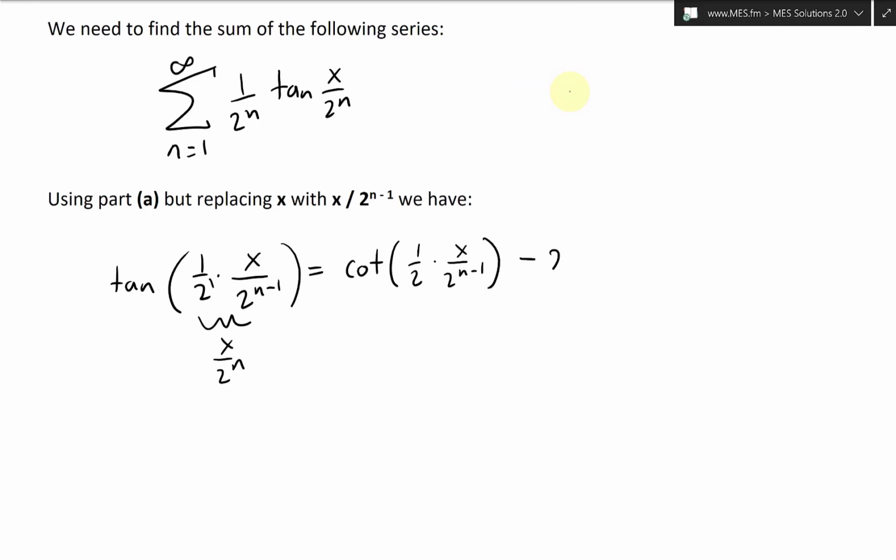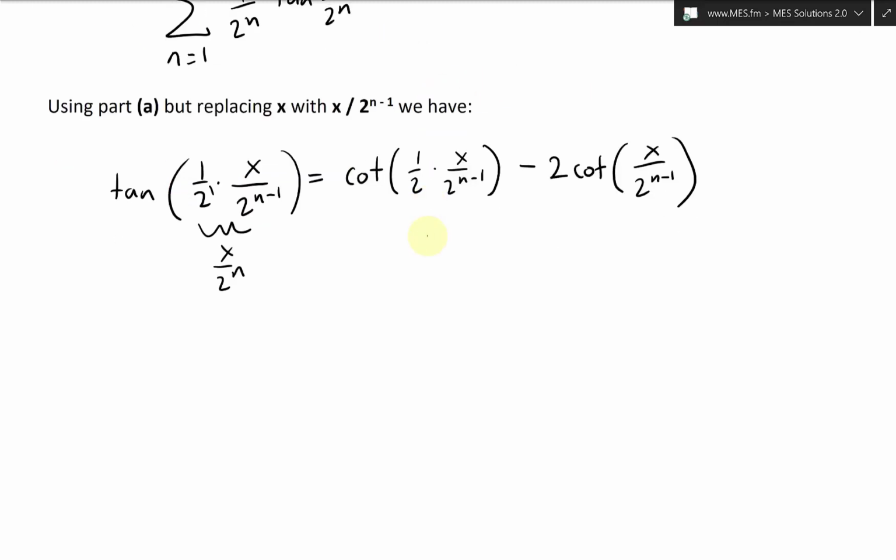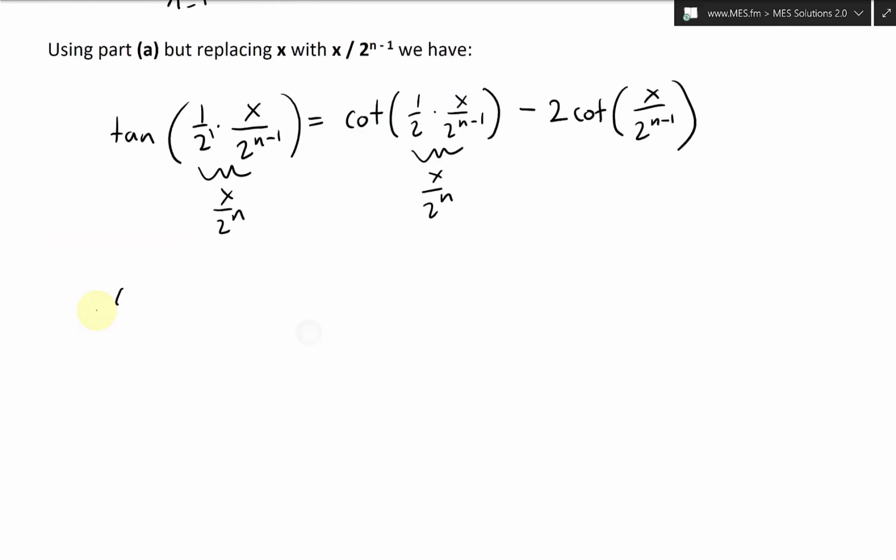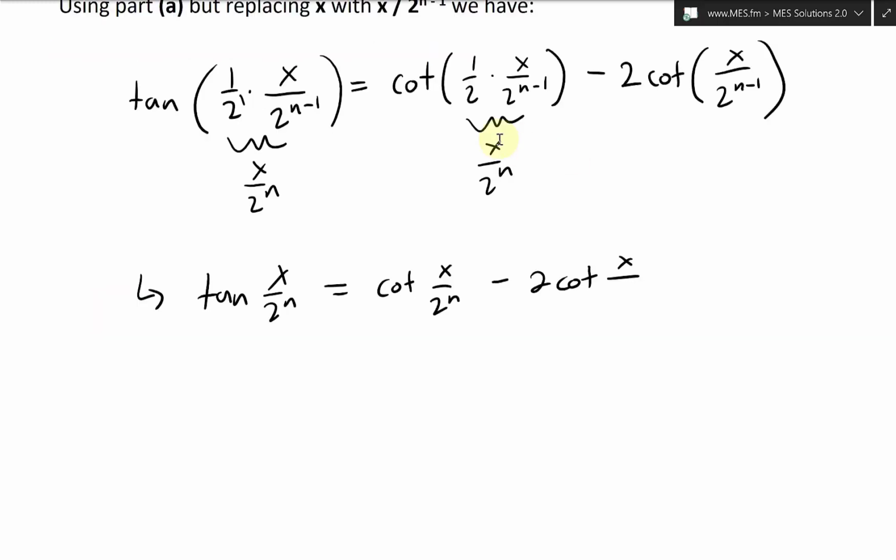So minus 2 cotangent of x over 2 to the n minus 1. And this one right here just equals x over 2^n. So let's just write that out. What we have is tan of x over 2^n equals cotangent of x over 2^n minus 2 cotangent of x over 2^(n-1).